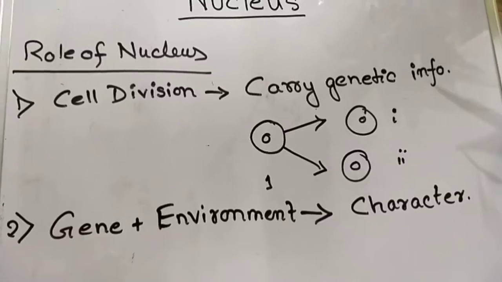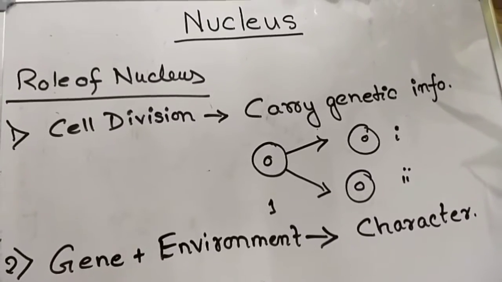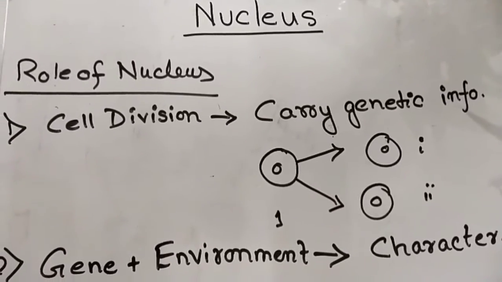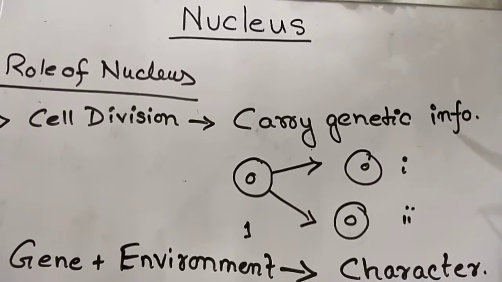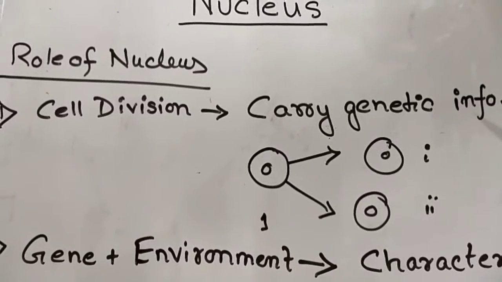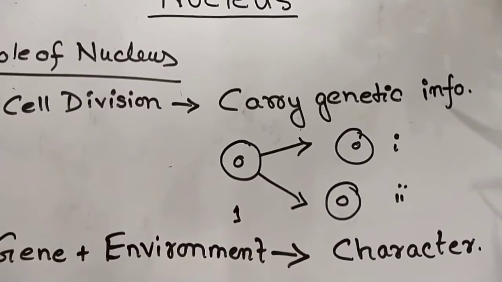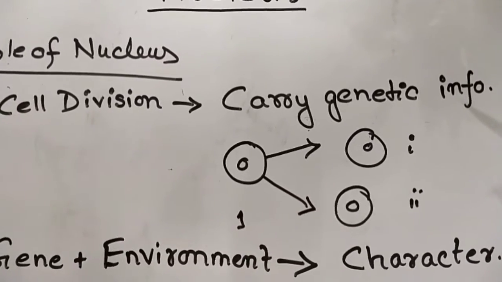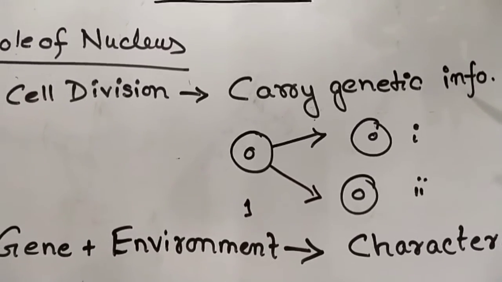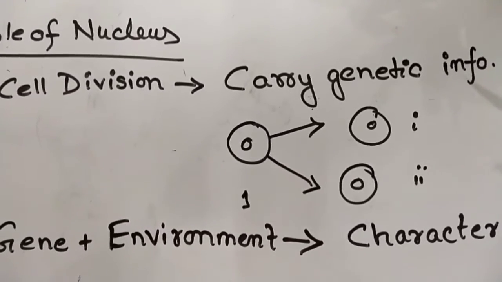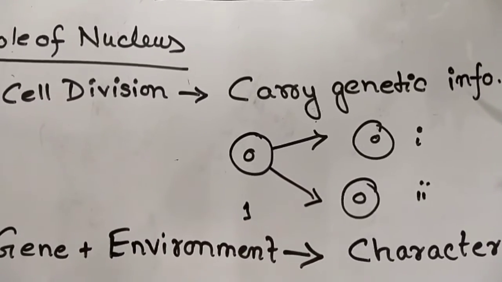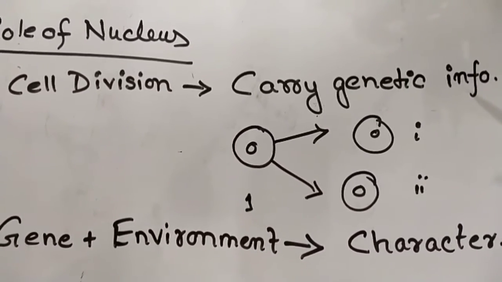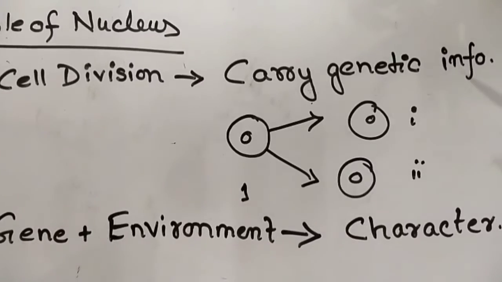Okay, so what is the role of the nucleus? The first thing is that it is very important for the process of cell division. Here we know that the nucleus contains the genetic material. That means the nucleus will contain the genetic information, all the information starting from our parents' generation till the generations above them, of our grandparents, of our great grandparents, information about all of that, because everything is present inside the DNA itself.